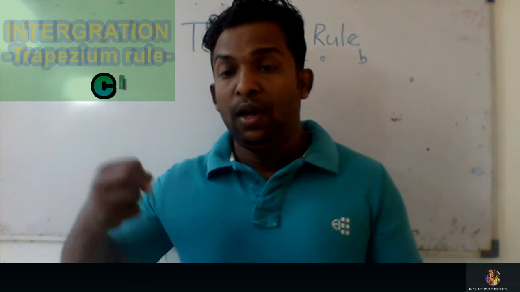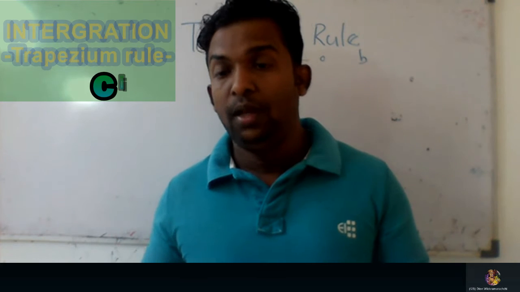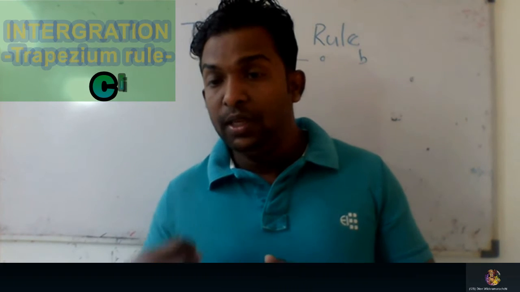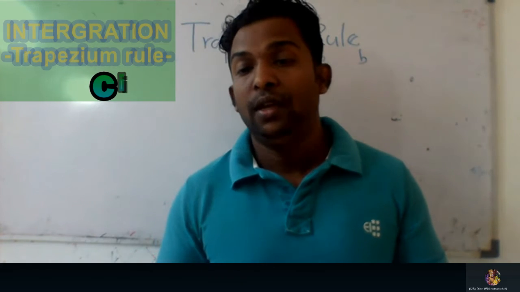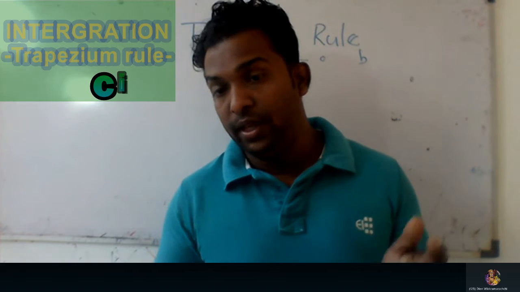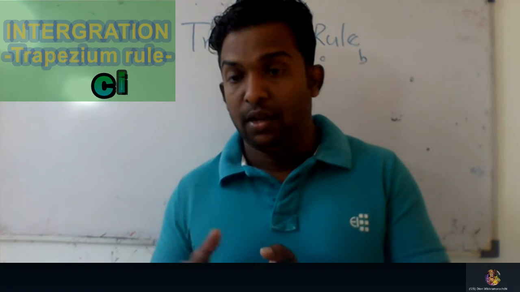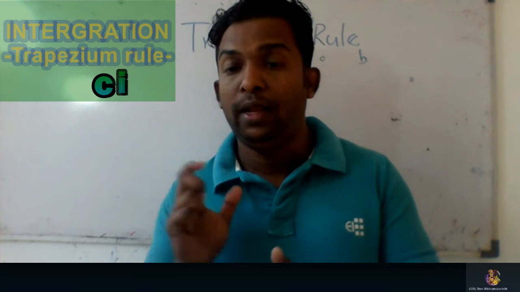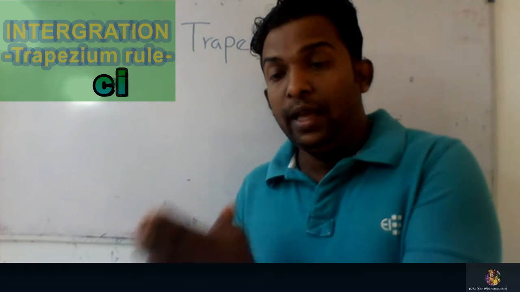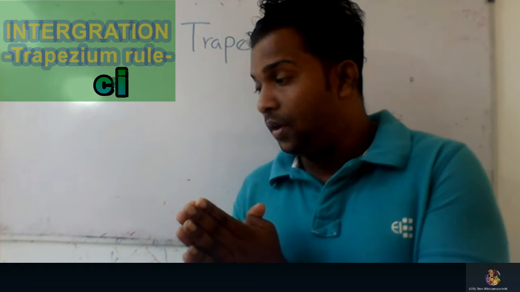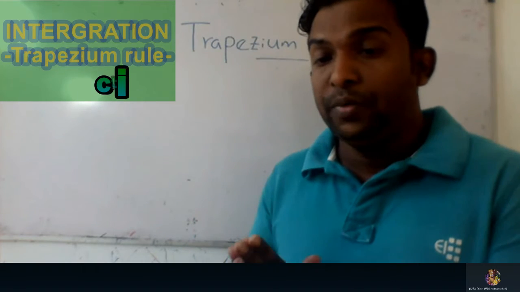Therefore, after using the trapezium rule, what you can get is something close to, or an approximation to, the integral, because if it is a finite integration, we are going to have a value. That value, as I mentioned here, is the area. Now you have to remember that for that only we are using the trapezium rule.